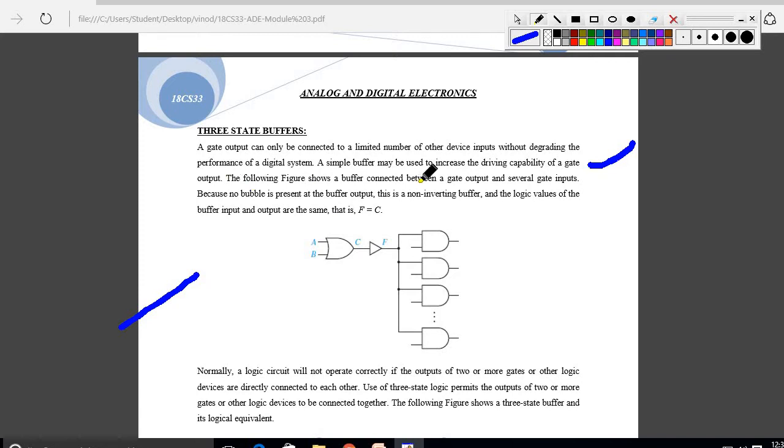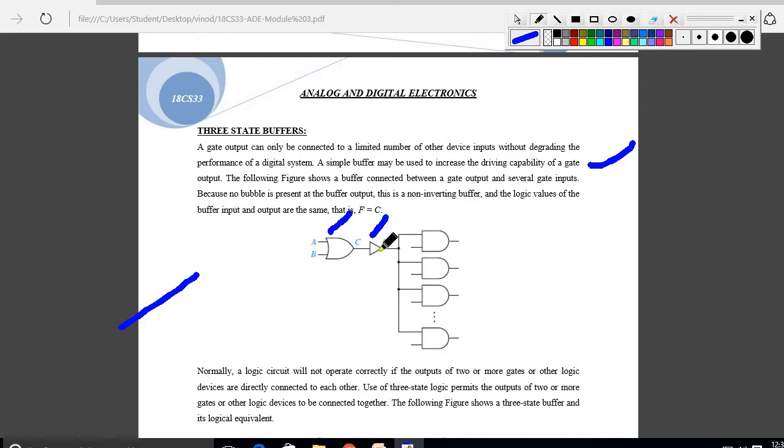Okay, in the following figure, the buffer is connected between the gate output and several gate inputs. These are also gates, right? Because no bubble is present at the buffer output, this is a non-inverting buffer.